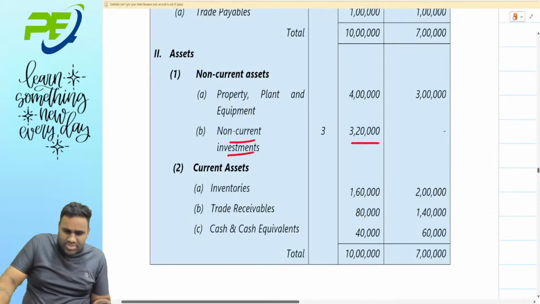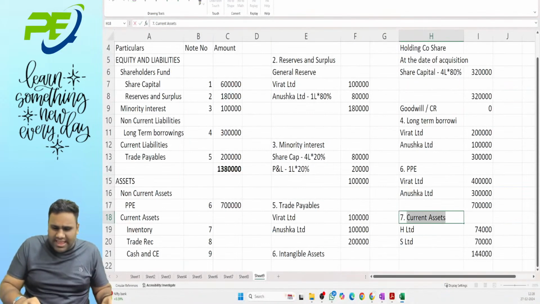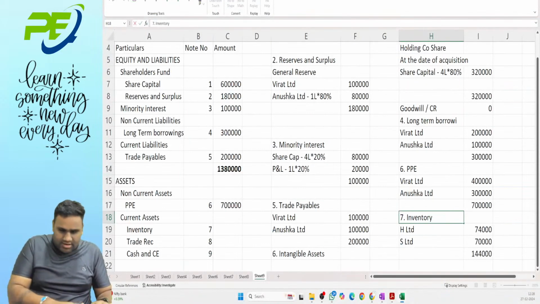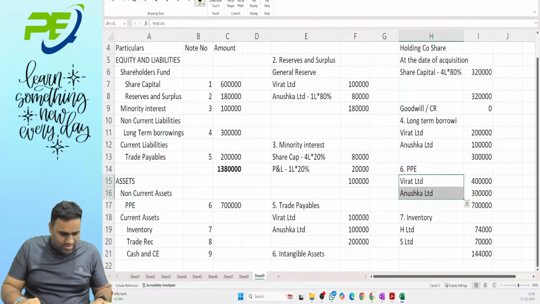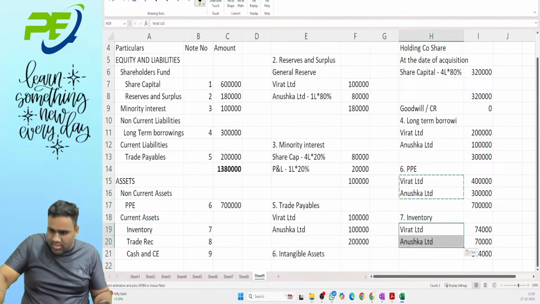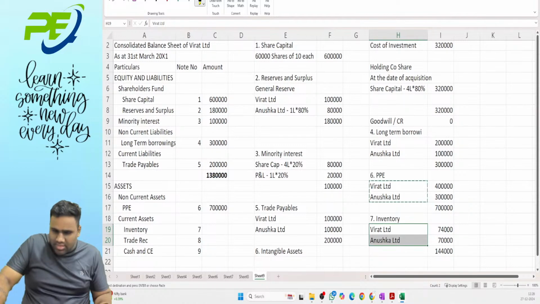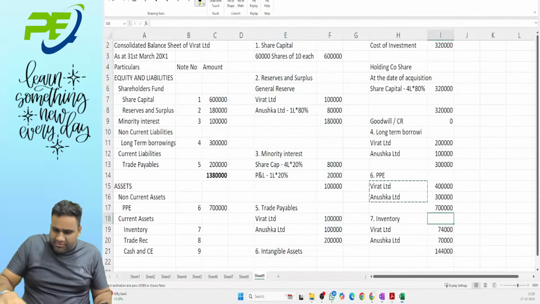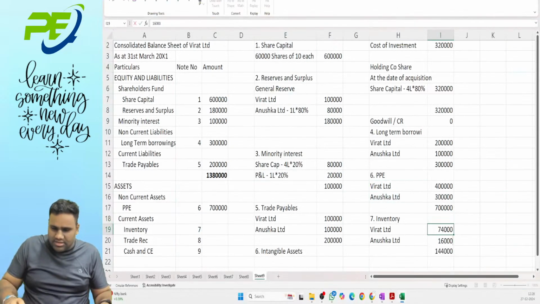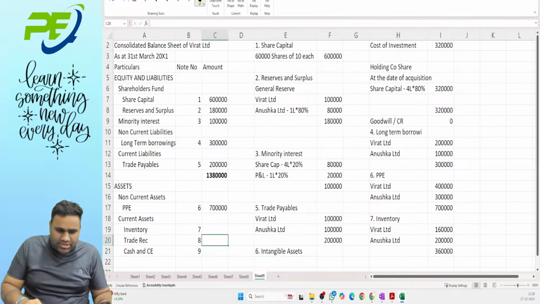Note number 7 is inventory. Amount is 1 lakh 60 and 2 lakhs, 3 lakh 60,000.